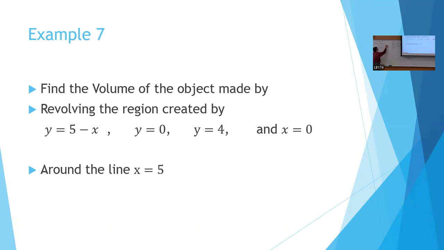So we're going to have a bounded region. By the way, there's going to be two bounded regions when you draw this thing. It's the bounded region where the four sides enclose that region. And we're going to rotate around the line x equals 5.